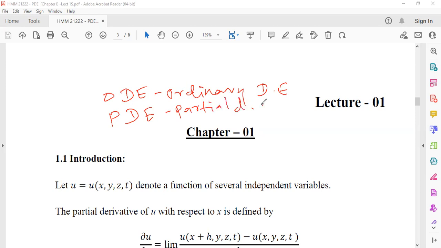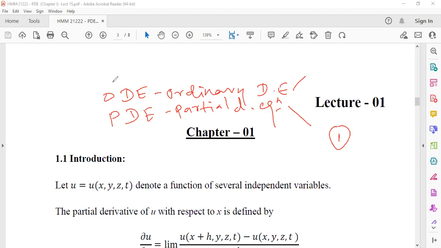Okay. Partial differential equation. Ordinary means... can you tell me one difference between these two? That is the main difference. Can you give me your answers? So far you are understanding from our elementary differential equation as well as the ordinary. You already had the lecture in ordinary differential equation, so can you tell me the difference, what you have understood? I think I told this answer already in our elementary differential equation course.